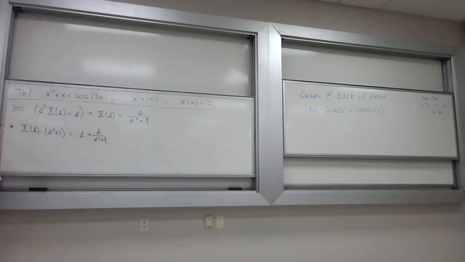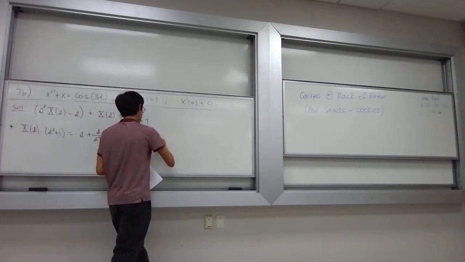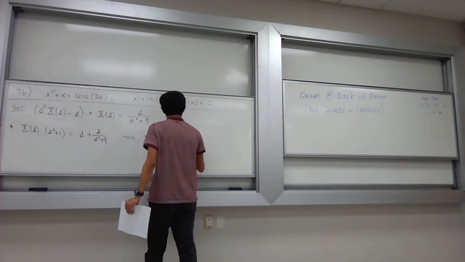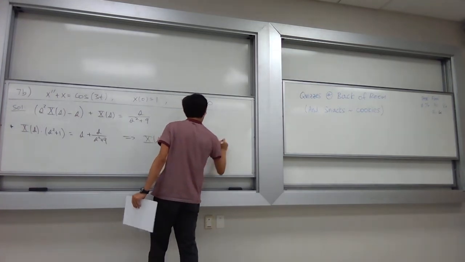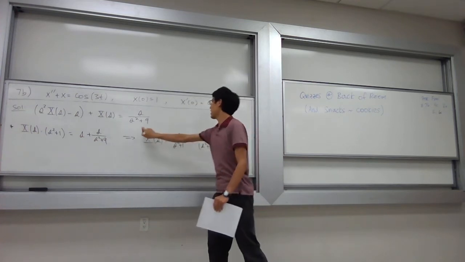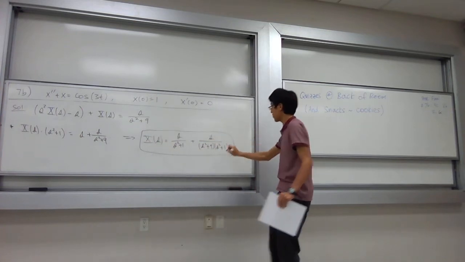So this is what we got, and then the last thing we need to do is divide by that s squared plus 1. So we have big X of s equals s over s squared plus 1 plus s over s squared plus 9 times s squared plus 1. And that's what we get for our transform solution.